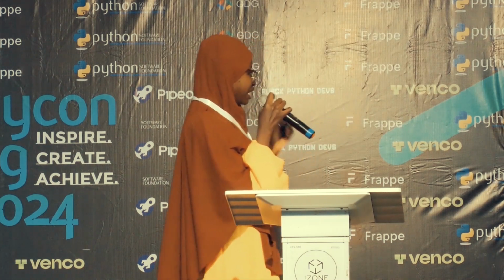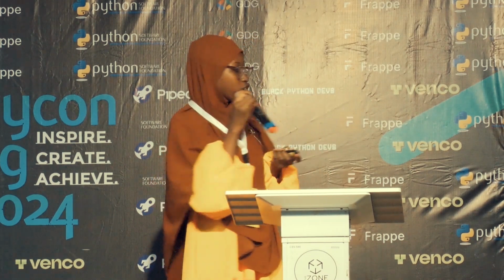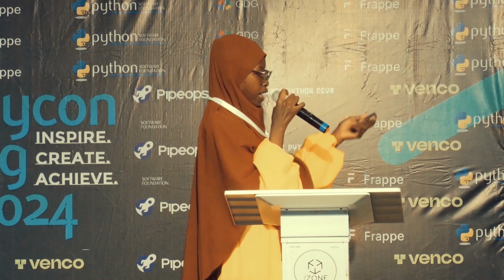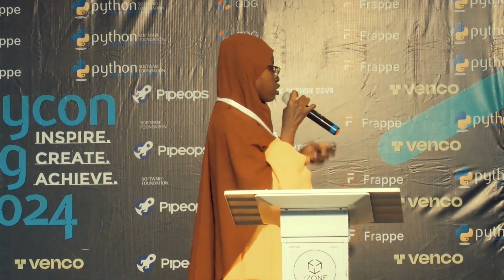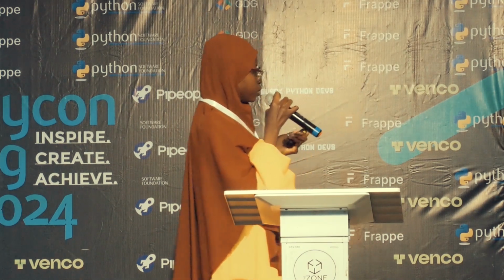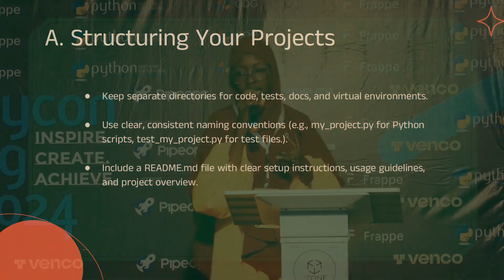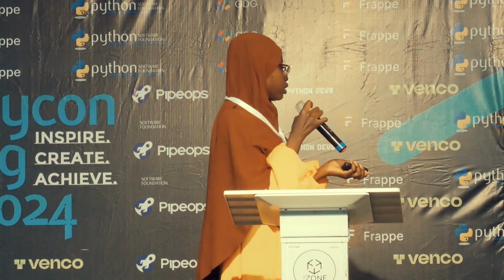Make sure to use clear and consistent naming conventions like myproject.py if it's for Python scripts. And then if it's a test file, you can use something like test_myproject.py. So it shows that this is the test file for that same project. Also, make sure to include a readme.md file with clear setup instructions, usage guidelines, and project overview.